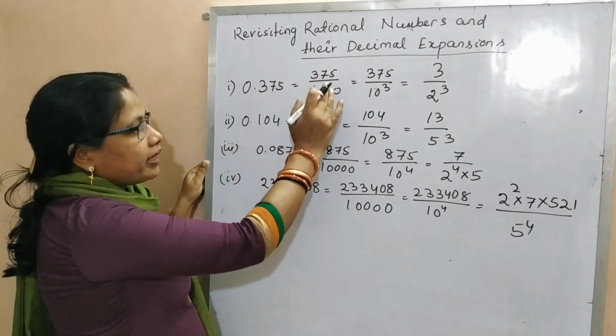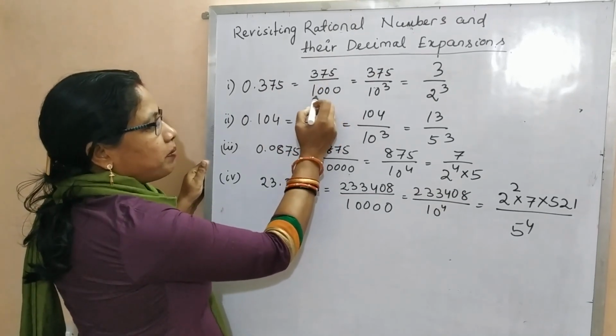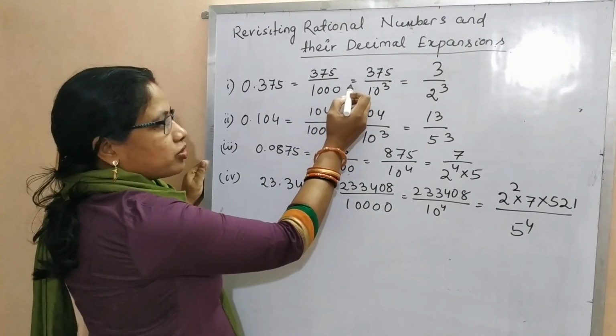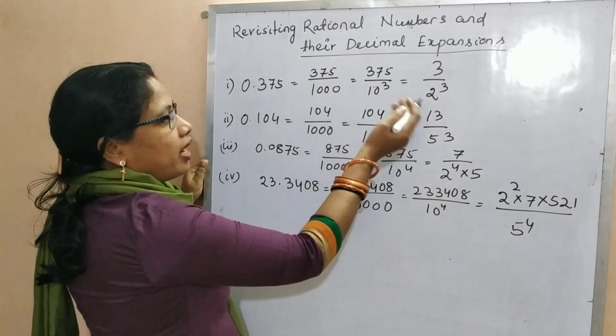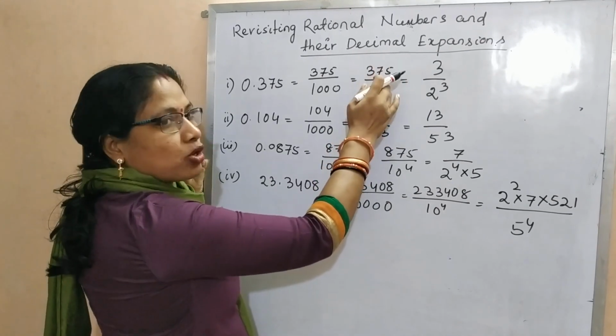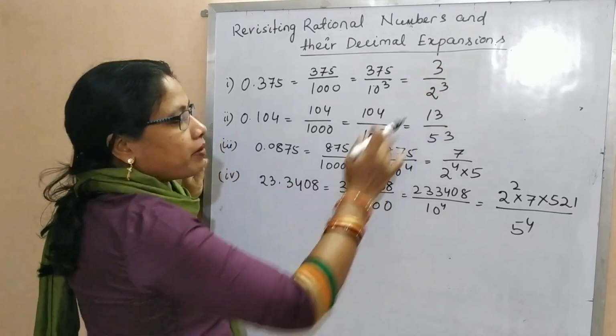To convert it into a rational number, we find that this is equal to 375 by 1000, that is equal to 375 by 10 to the power 3. To convert it to its lowest form, that becomes 3 divided by 2 to the power 3.